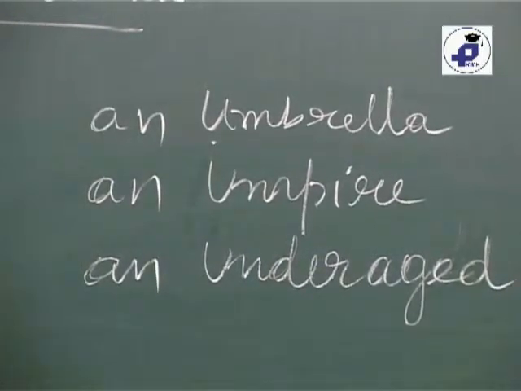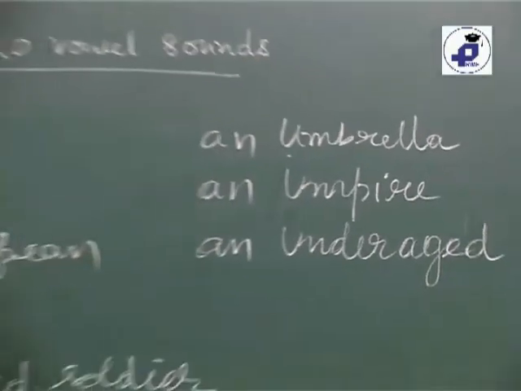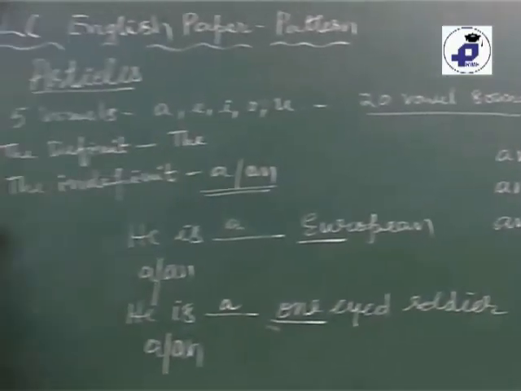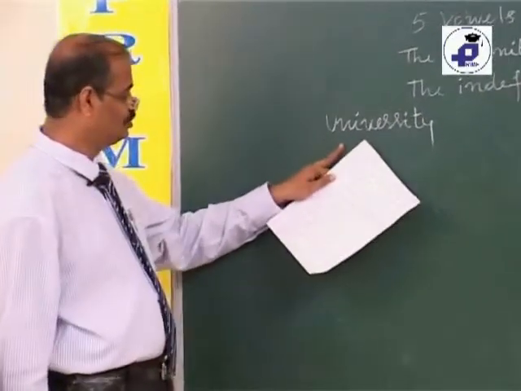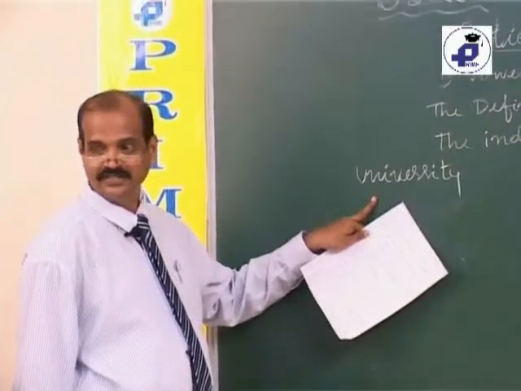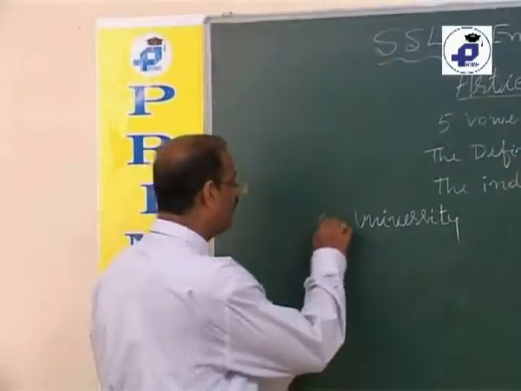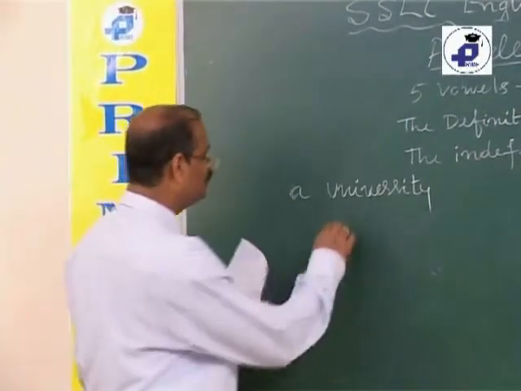So just like that, see another example, let me take up here on this side. The word university. See, before this university, it is the U sound. U is a consonant sound, therefore we have to use the word 'a university'. Unique.